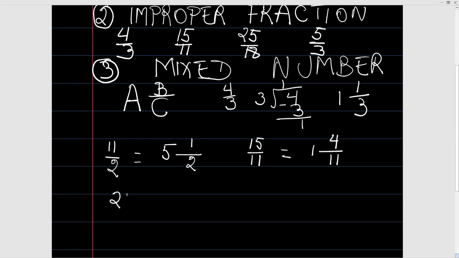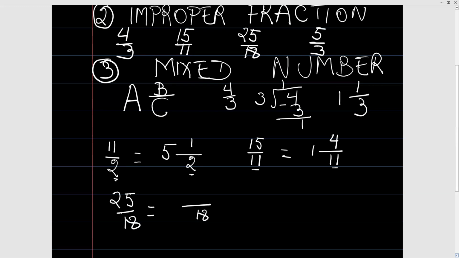All right. Let's do the other one, which is 25/18. What kind of fraction is this? This right here is an improper fraction. Remember, the same denominator goes here. Pay attention here. You see that? The same denominator is over there. So you draw your line, put the denominator on the bottom.